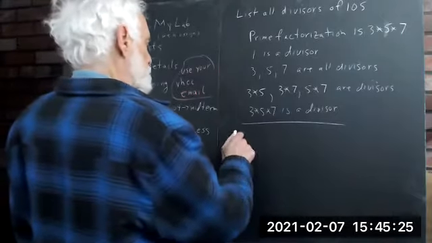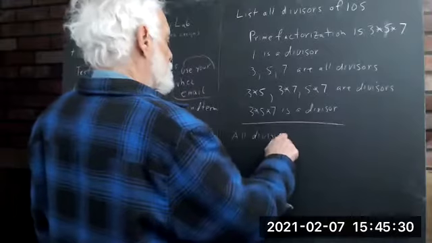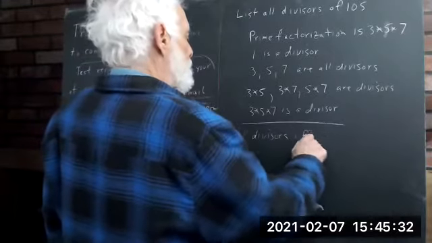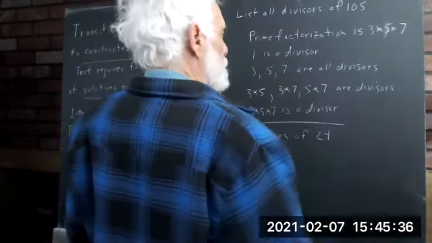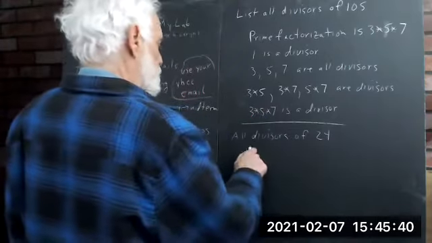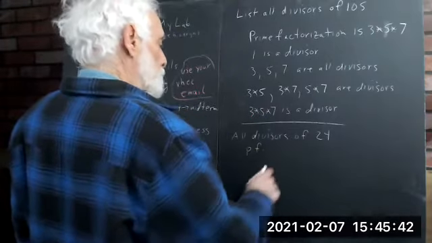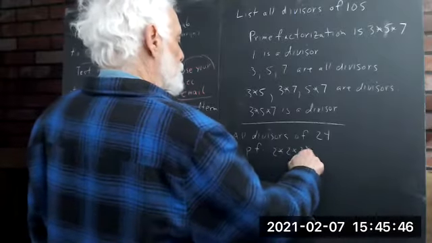What about all divisors of 24? Prime factorization of 24 is 2 times 2 times 2 times 3.